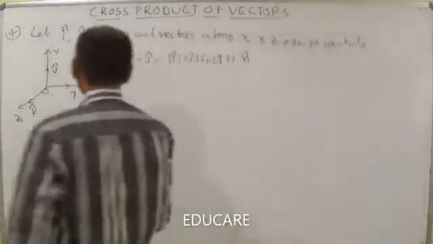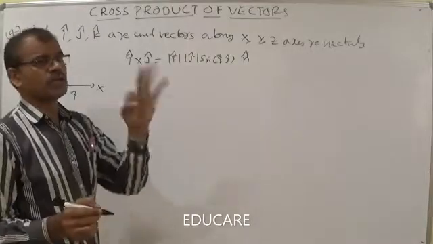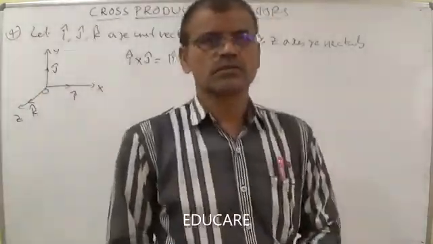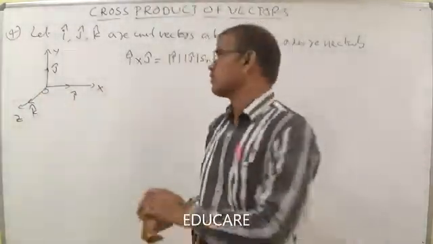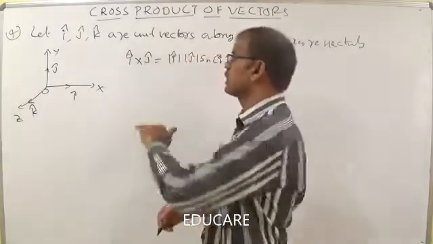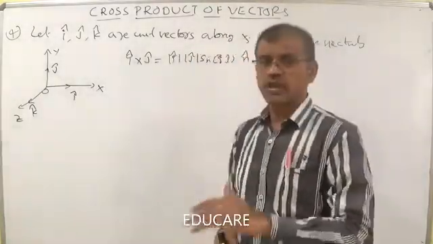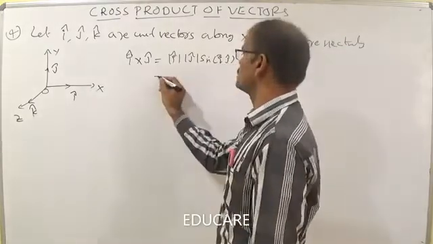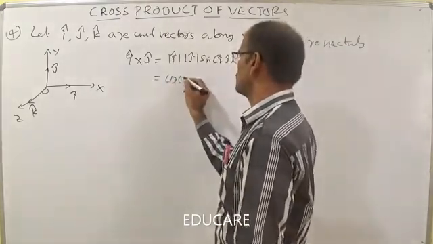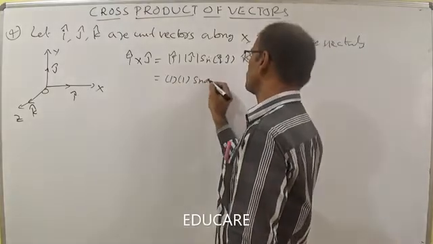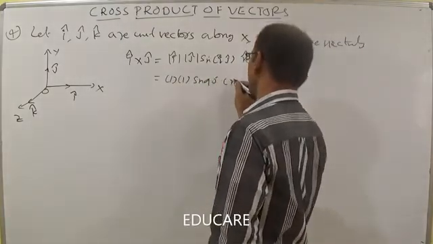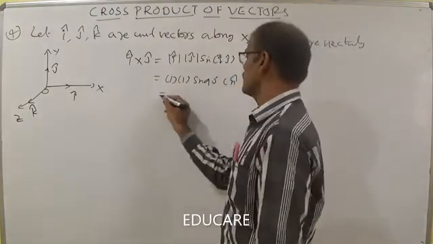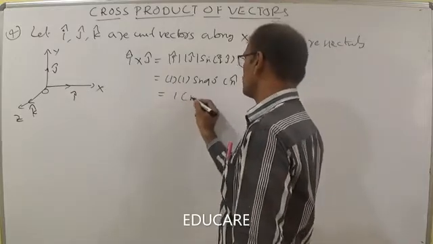We know that x, y, z are mutually perpendicular axes, so the angle between i and j is 90 degrees. So 1 into sine 90 into n cap. We know the value of sine 90, so it is 1 into n cap.